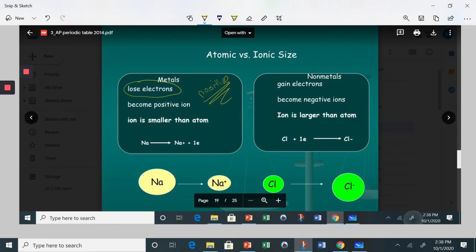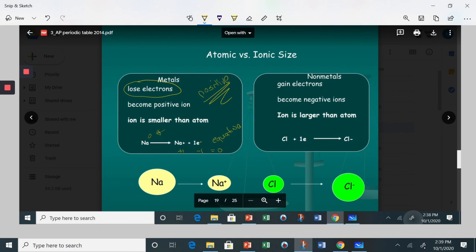Okay, so this is an equation that represents it. We have one minus charge coming off. It starts 0. I get a positive charge for the ion. If I look at the charges here, I got a +1 and I got a -1. If I add those together, they will equal 0. I started at 0.